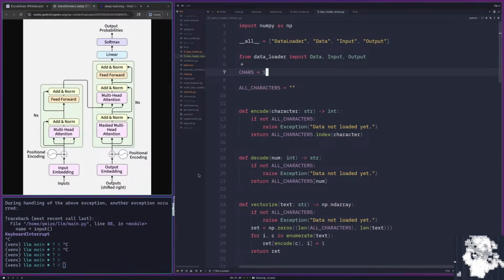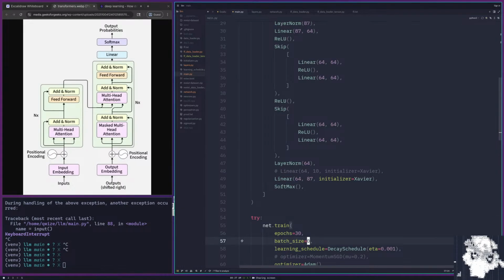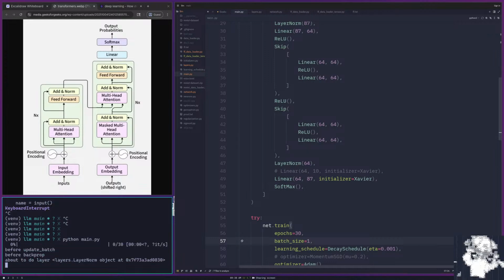What if we just did 10 characters in one batch? Because now it's basically a matrix input. Still having trouble at the layer norm.